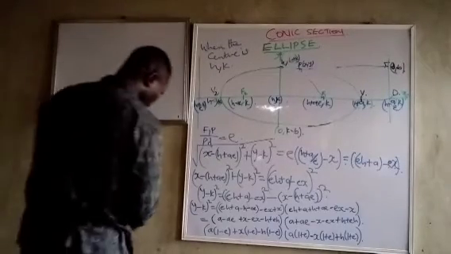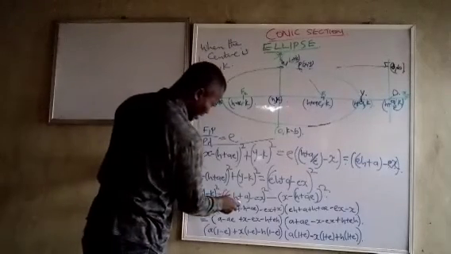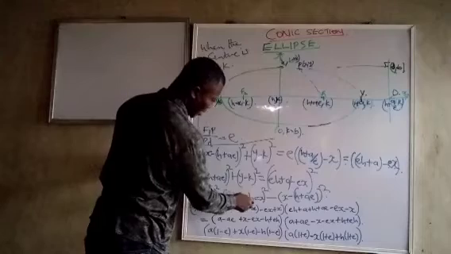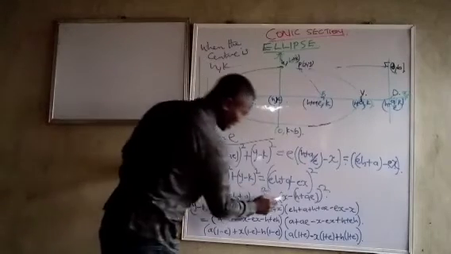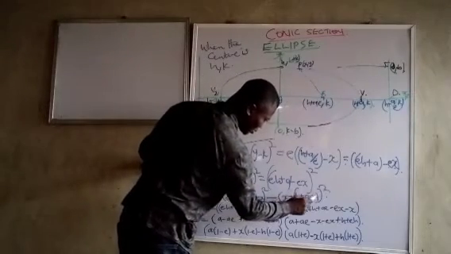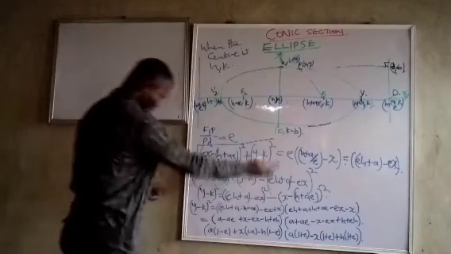Now, y minus k squared equals eh plus a minus ex squared minus x minus (h plus ae) squared, as you can see.